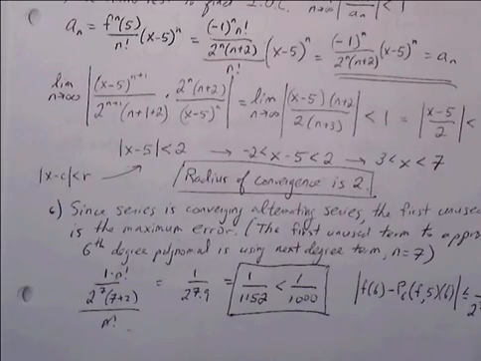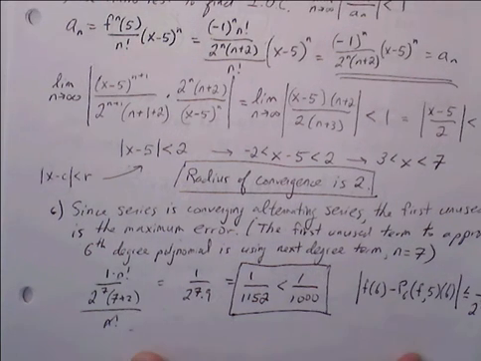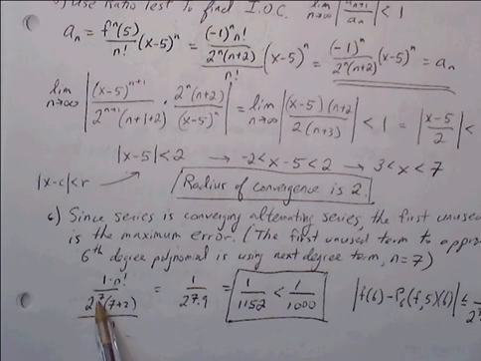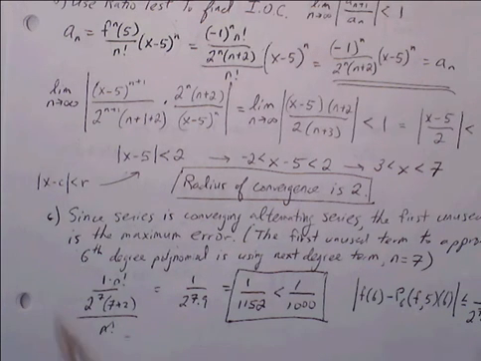So if I plug 7 into all the n values, we see the n factorial will cancel out. So that leaves me with 2 to the n times n plus 2, or 2 to the 7 times 7 plus 2, and that's the maximum error.